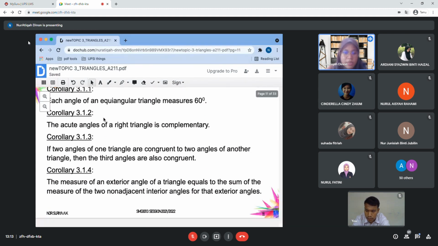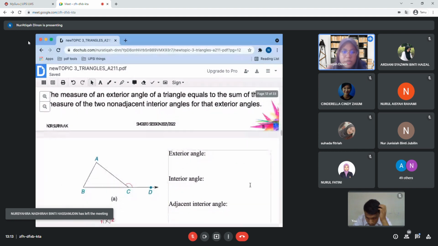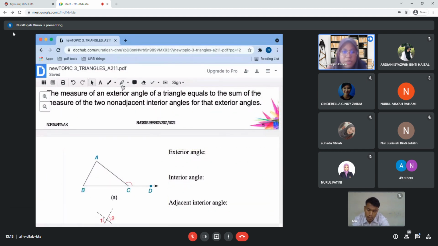Just that maybe some of you are confused with corollary 3.1.4, which is: the measure of an exterior angle of a triangle equals the sum of the measures of the two non-adjacent interior angles. So here we have the term exterior angle, and we have the term non-adjacent interior angles.